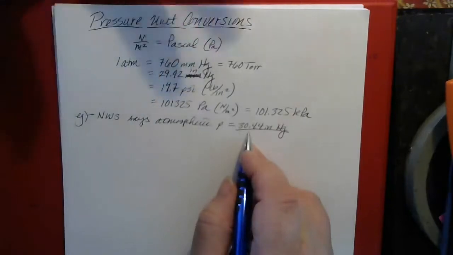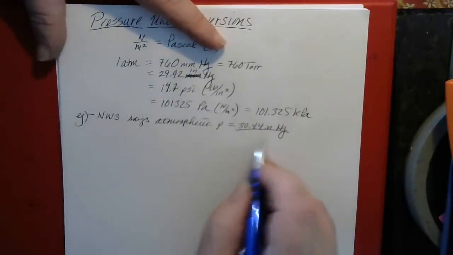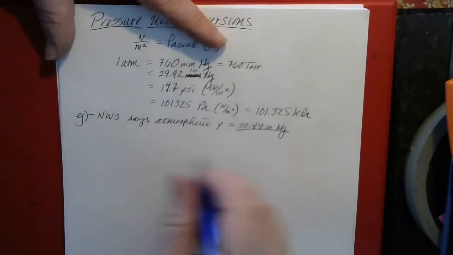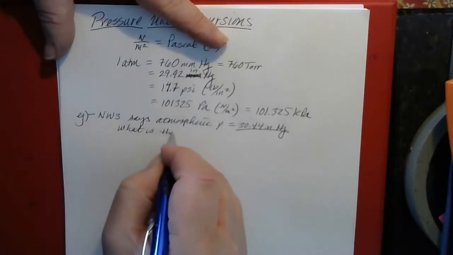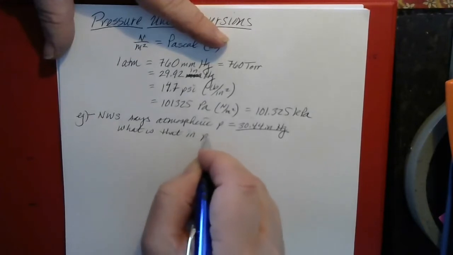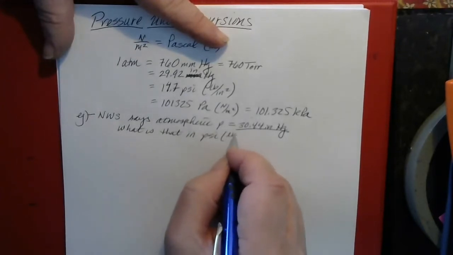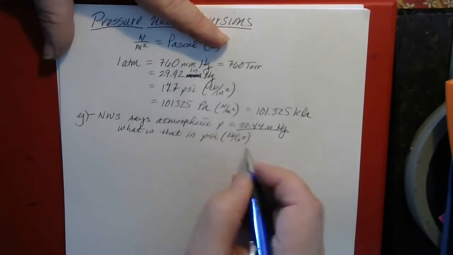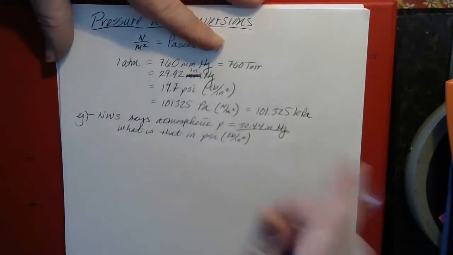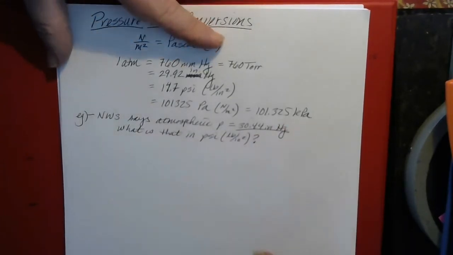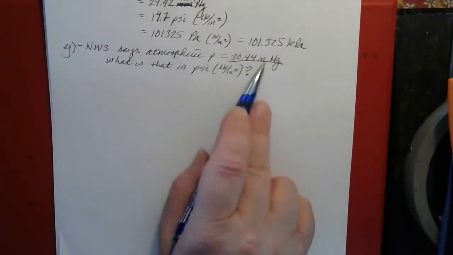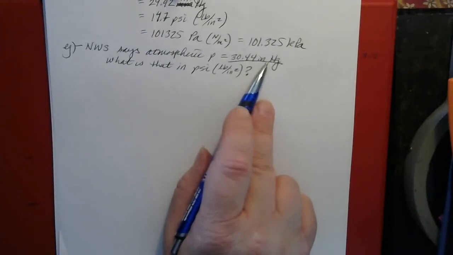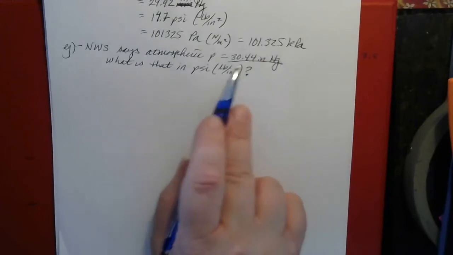The National Weather Service probably gives it in that plus other units as well. So we're wondering, what is that in PSI? And that's pounds per square inch. I don't think the National Weather Service actually gives the pressure in pounds per square inch. It gives it in inches of mercury, and I think it probably also gives it in pascals, but almost certainly not in PSI.